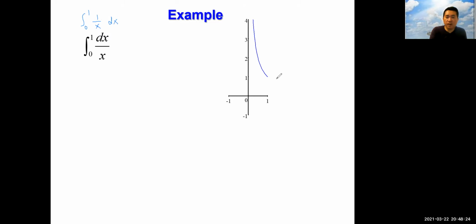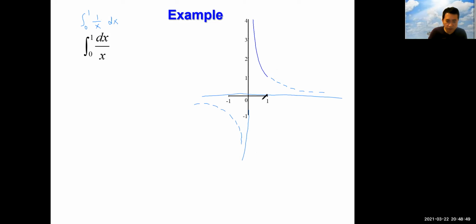So the graph of 1 over x is like this, right? It's actually two branches of a hyperbola. That's the x-axis, and that is the y-axis. Now, of course, we only integrate from 0 to 1, so we're going to graph from 0 to 1 only.